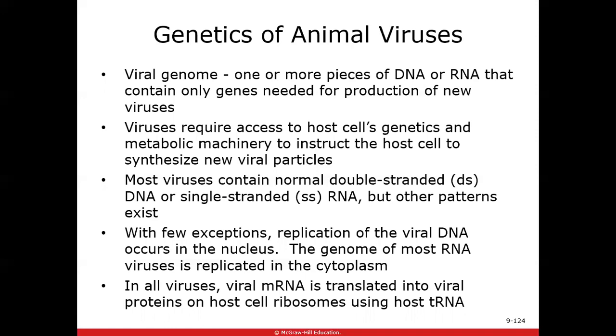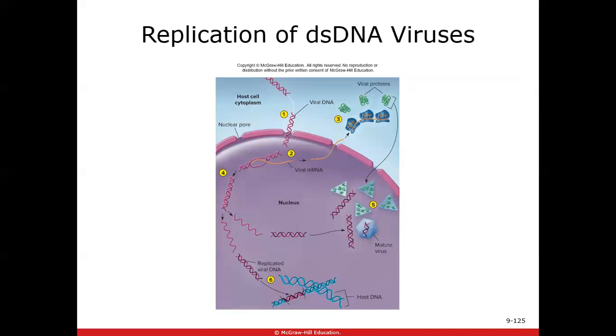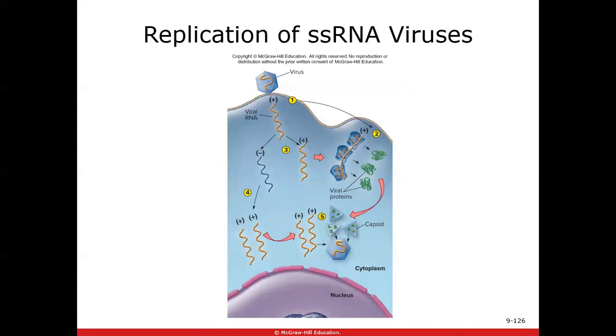But in all viruses, the viral messenger RNA is translated into viral proteins on host cell ribosomes using the host transfer RNA. And this is just a picture of the replication of double-stranded DNA viruses and how they go about doing it. This is replication of single-stranded RNA viruses.